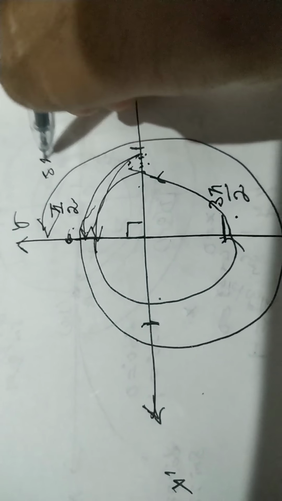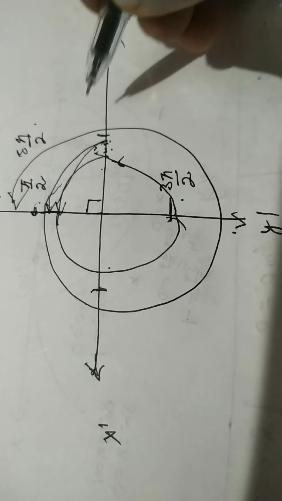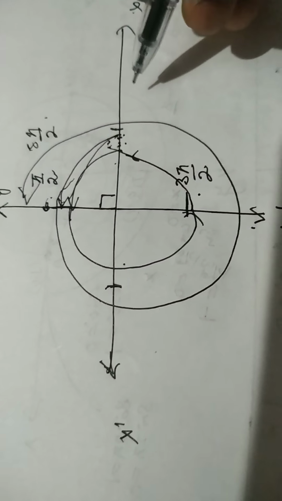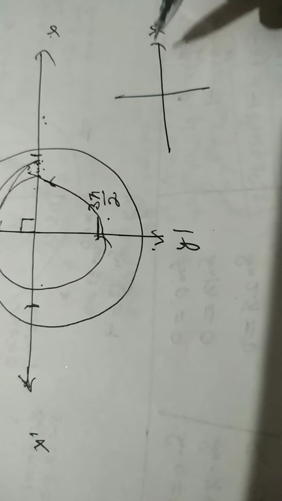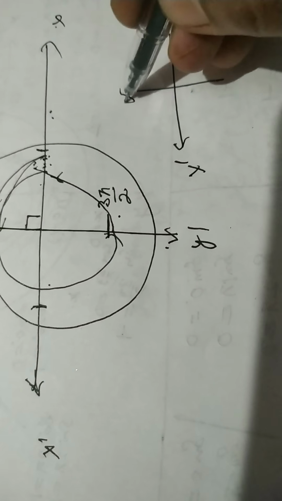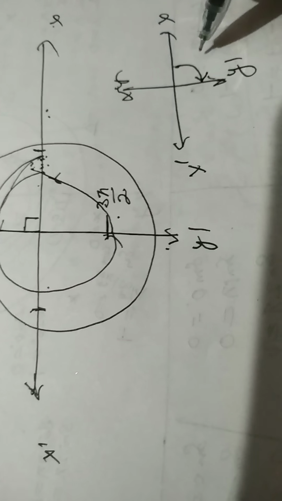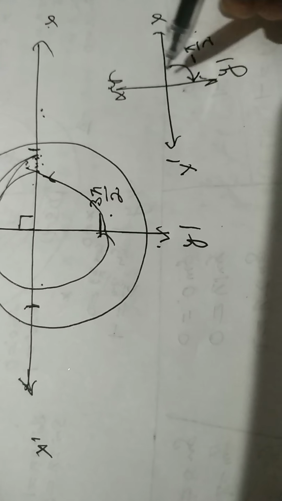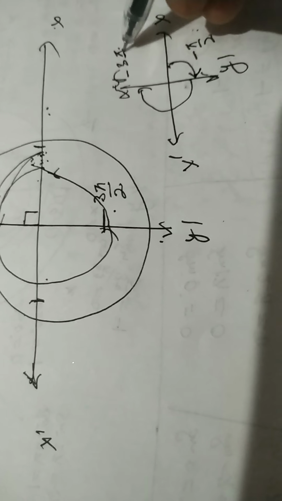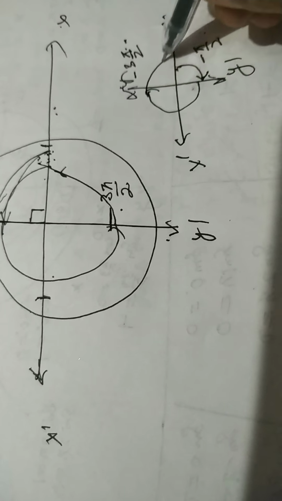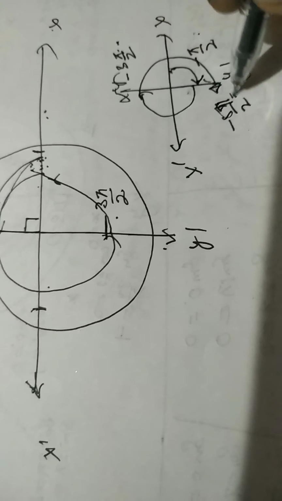That is anticlockwise. If we move in the clockwise direction, x dash, y dash, then -π/2, -3π/2 and -5π/2 all have cos 0.